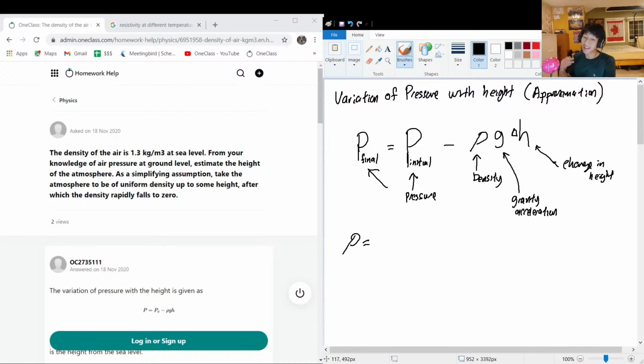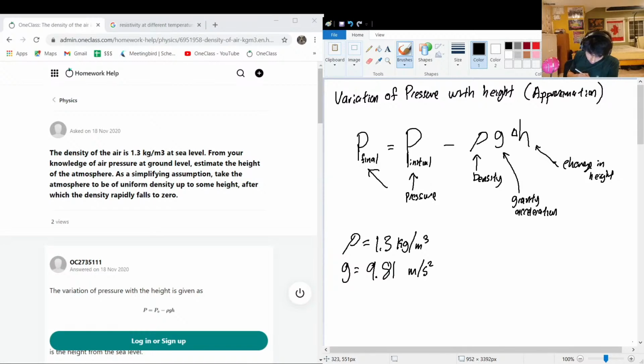I like to draw them very italic to make it clear that they're different. In this case, our density is 1.3 kilograms per cubic meter. Our G, our gravity acceleration, is 9.81 meters per second squared, not cubed, squared.